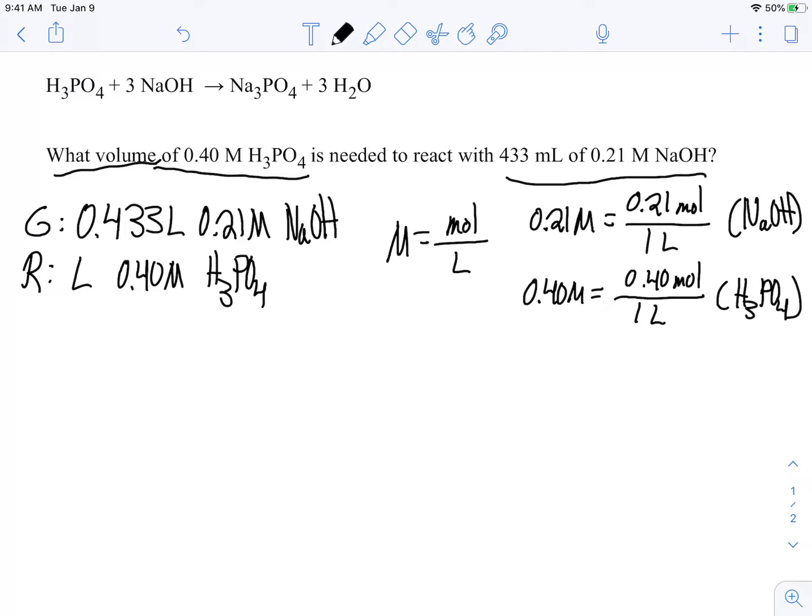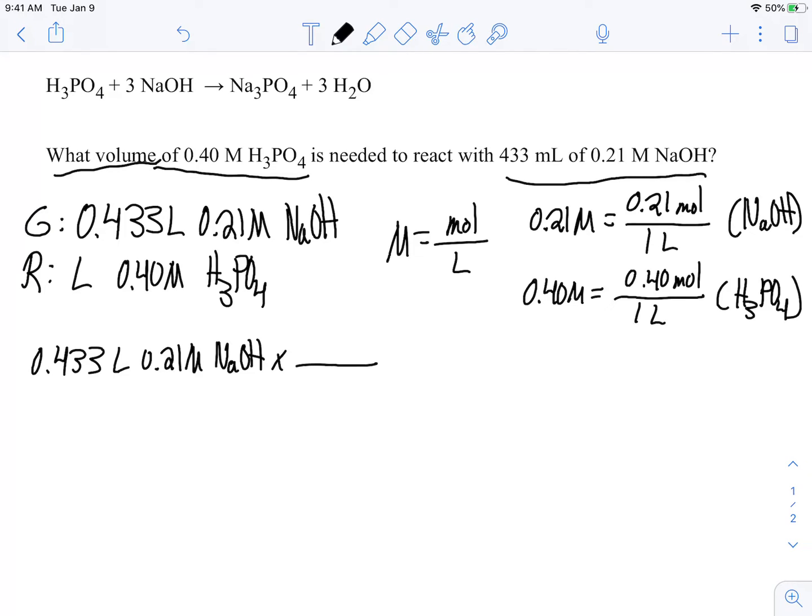So we have our given and required. Let's go ahead and write that out. We have 0.433 liters of 0.21 molar NaOH. First part of any stoich problem is converting into moles.